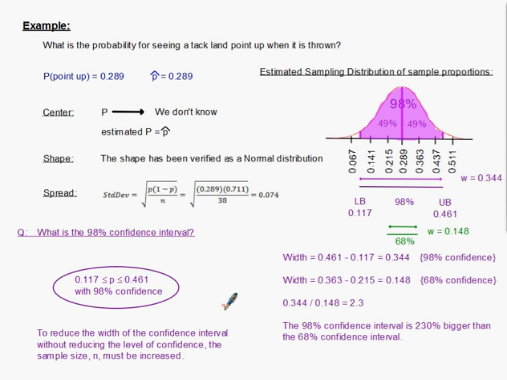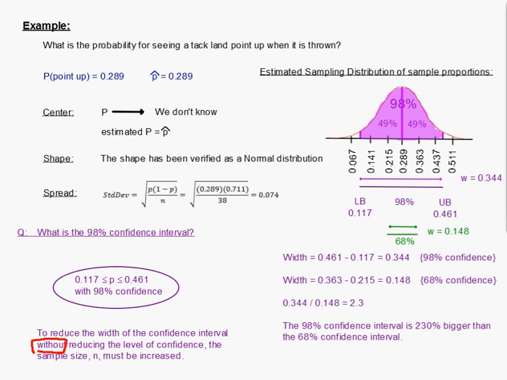In order to reduce the width of the confidence interval without reducing the level of confidence, it's the sample size, n, which has to be increased. Now, I'm not going to do that during this video because I'm going to let you guys work with that in class.